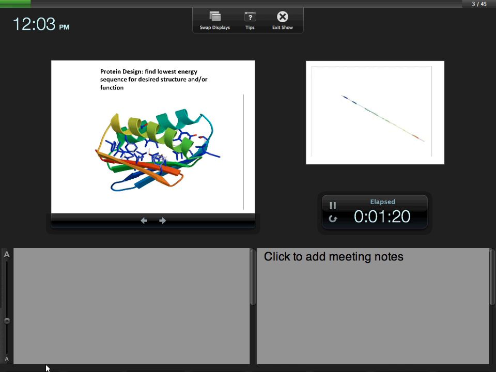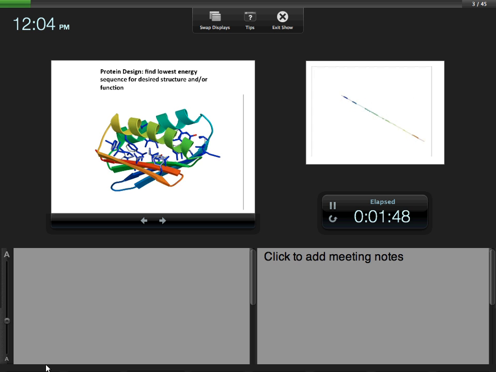This actually turns out to be a pretty simple calculation. Basically, what you're seeing here is a search where at every step we're just picking a random position in the protein, say this one, and then substituting in a randomly picked conformation of a randomly chosen amino acid. Then we just do this many, many, many times, and the process converges on a small family of low-energy structure sequences.